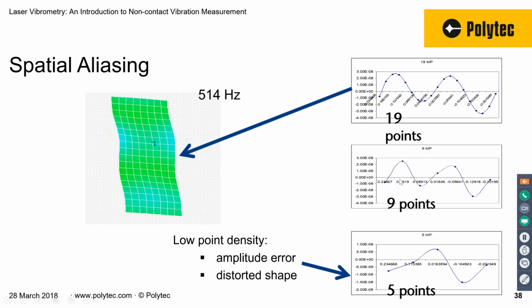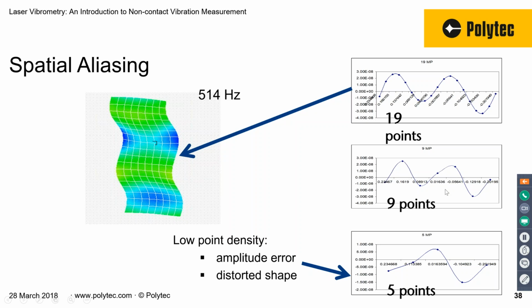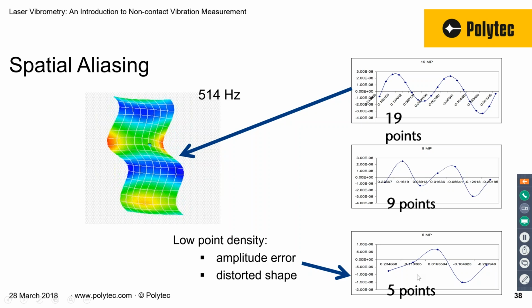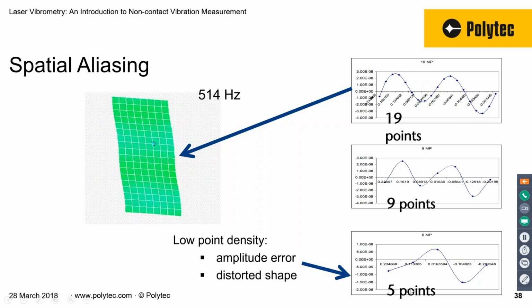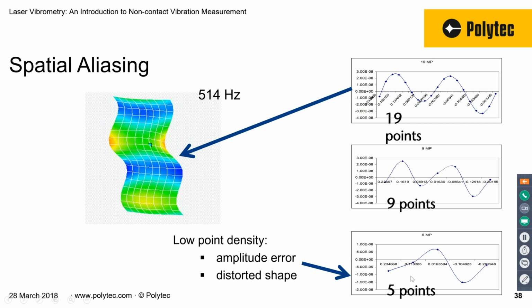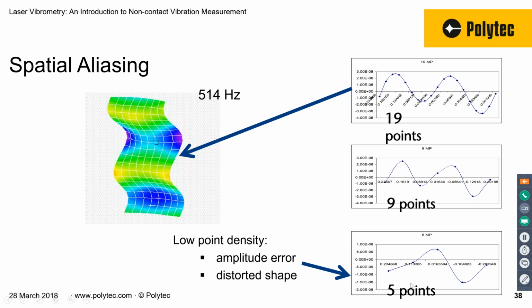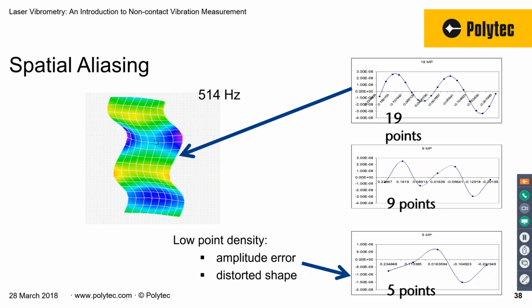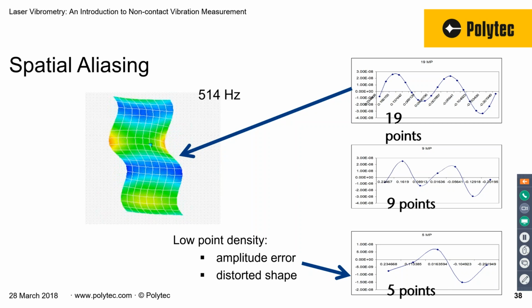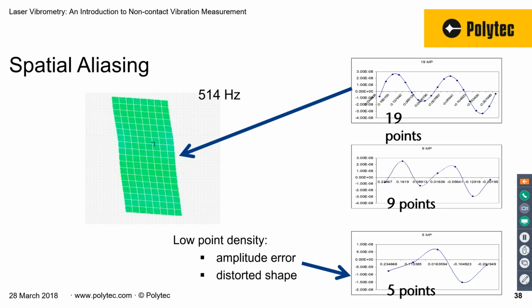The fewer points you take, the more you get an error in the amplitude, and the more you get a distorted shape. So if you're using 5 points, which might be the case if you were limited to the number of accelerometers you could attach, you see a very, very different result that isn't necessarily obvious from first view.